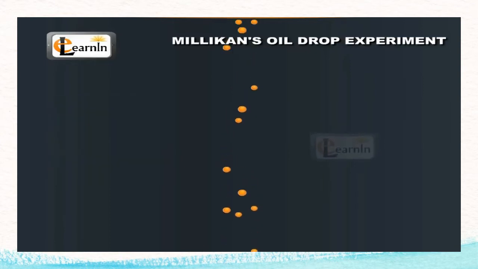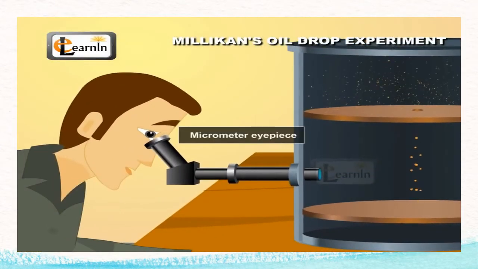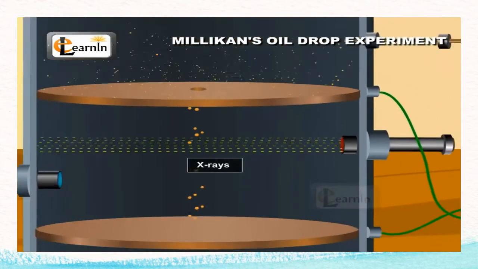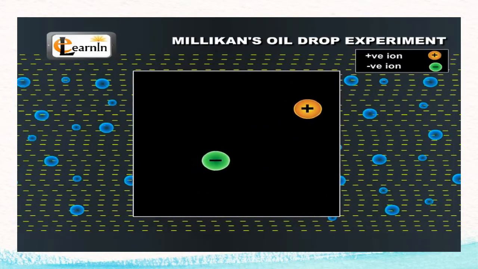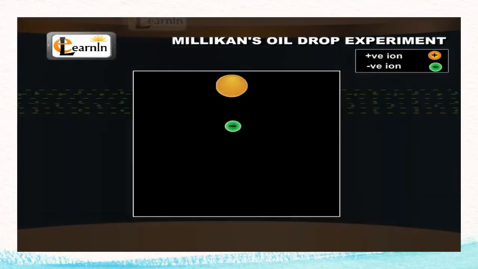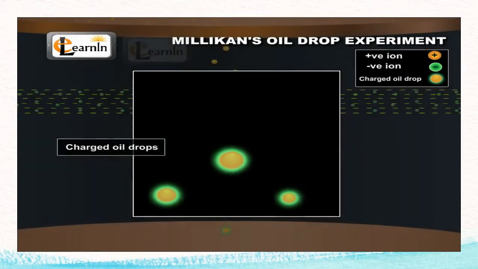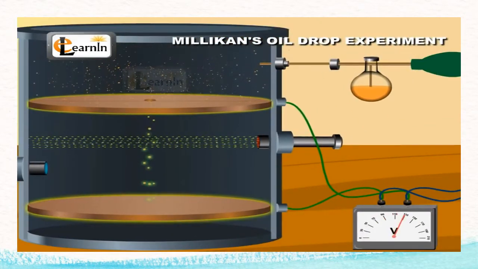The rate at which these drops fall were measured by observing them through a micrometer eyepiece of a telescope. X-rays were passed through the chamber to ionize the air inside. On colliding with gaseous ions, these oil droplets acquire charge. The rate at which these droplets fall can be controlled by changing the strength of applied voltage to the plate.